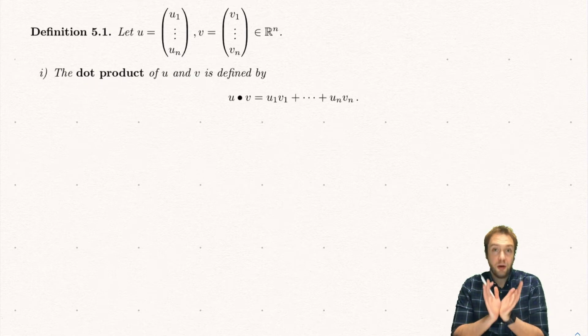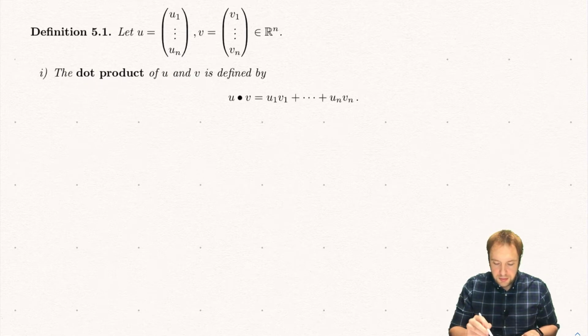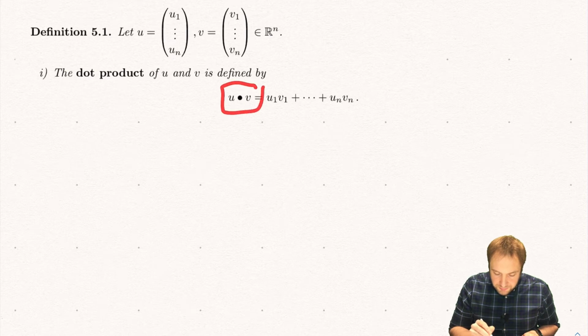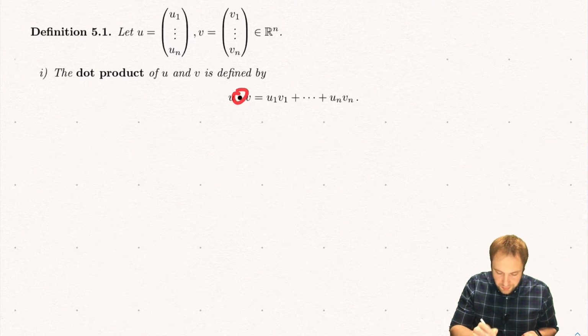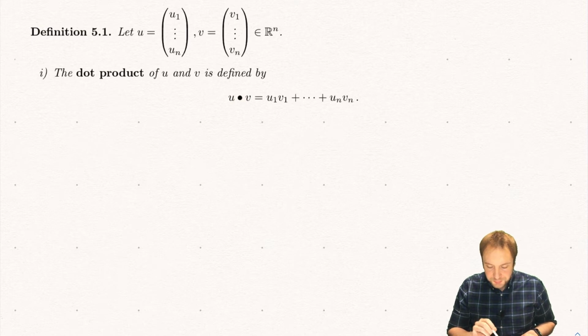So we define a product of two vectors, and the notation is that we use this thick point here. So don't get confused with the usual multiplication point. So this is really a thick black circle.